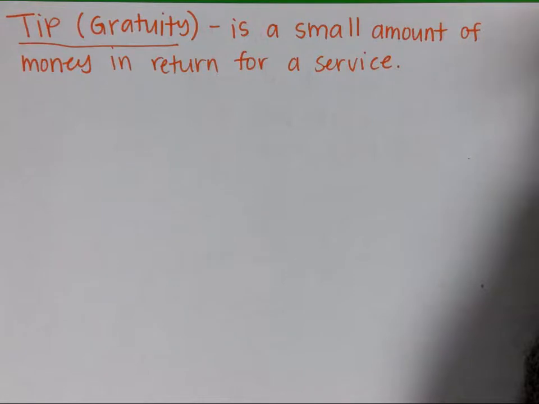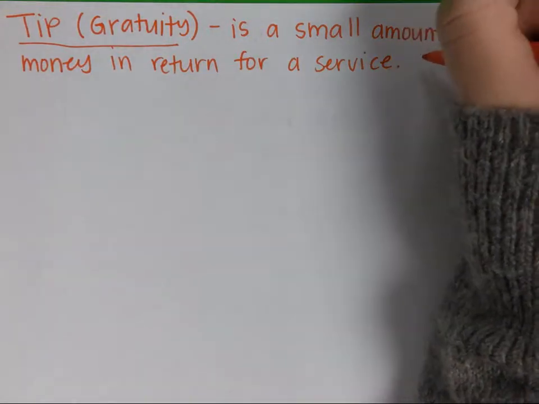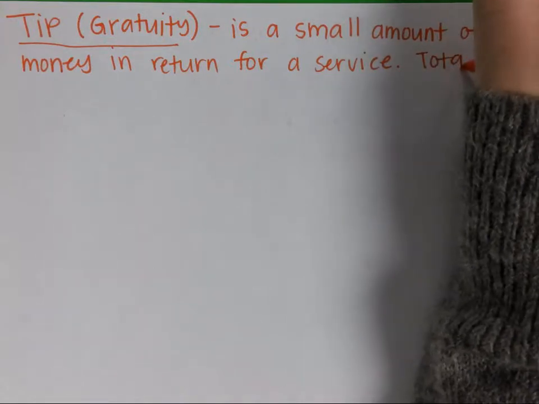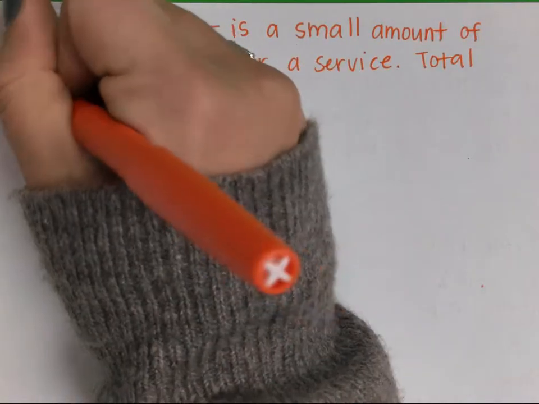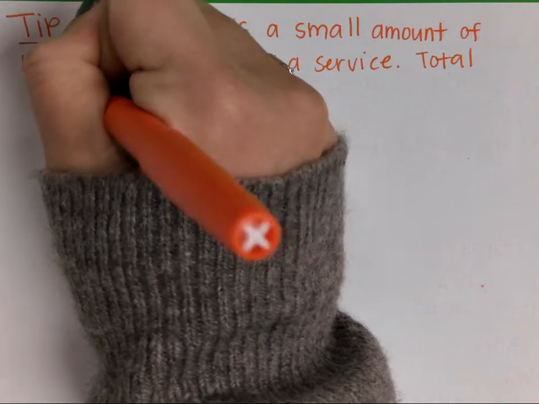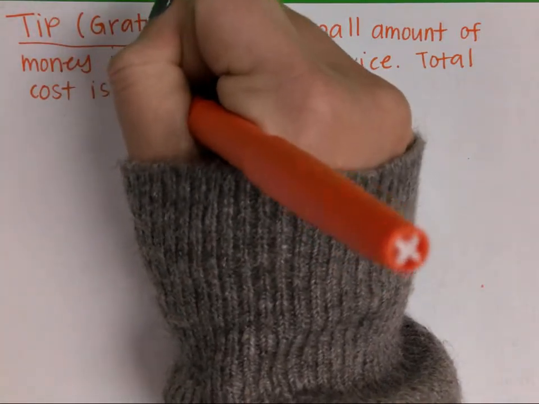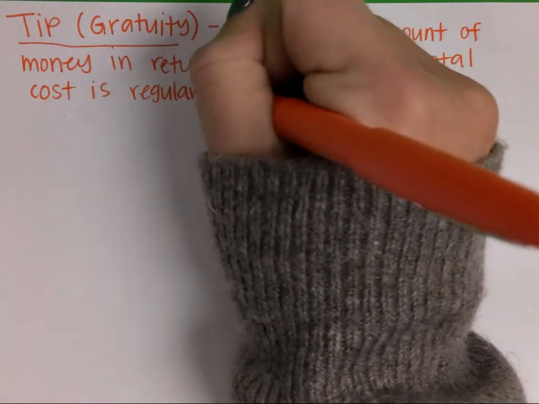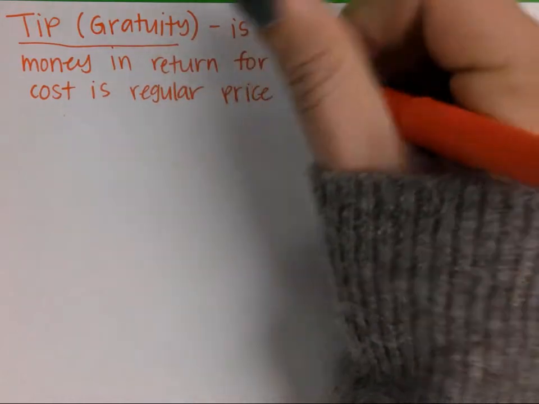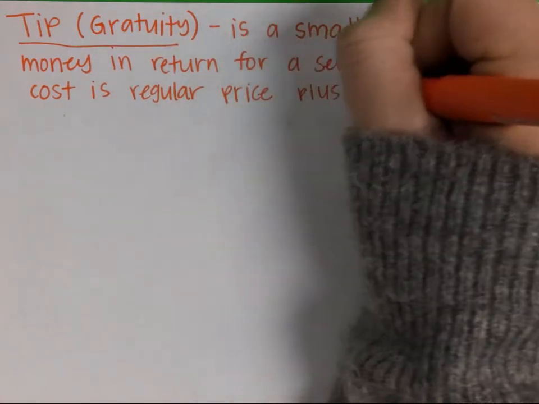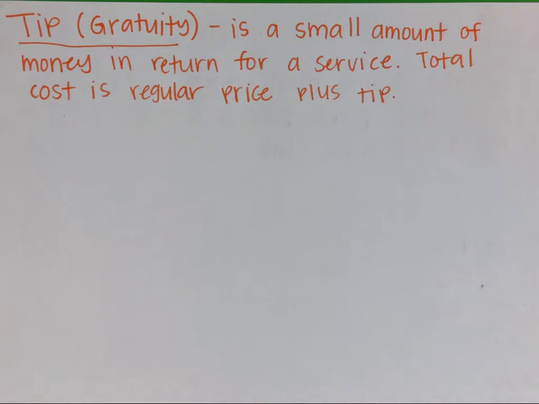So a tip is a small amount of money in return for a service. And just like tax, the total cost is the regular price plus the tip. So we're going to be finding it the same way.